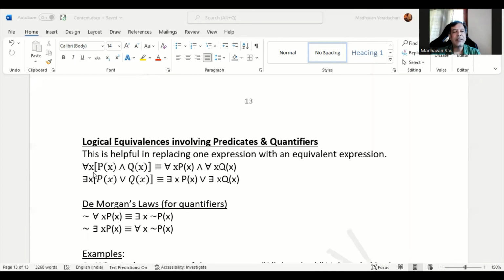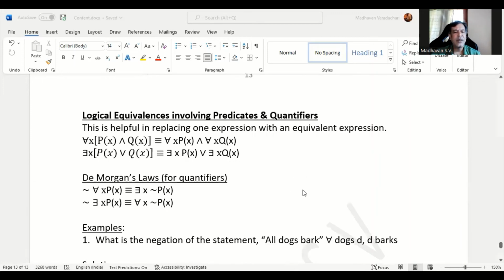For all x, P of x and Q of x is equivalent to for all x P of x and for all x Q of x. That is one logical equivalence. The second one is there exists x, P of x or Q of x is equivalent to there exists x P of x or there exists x Q of x.